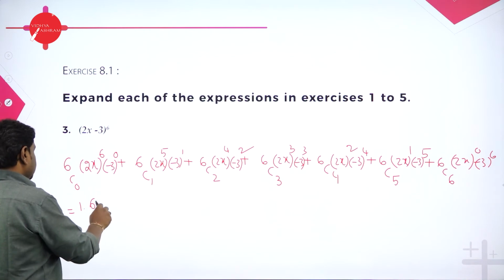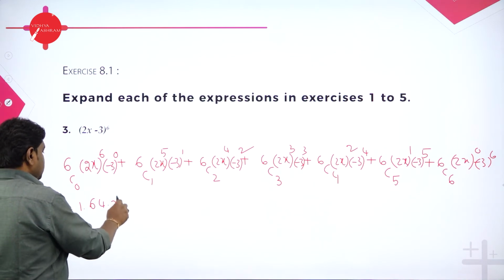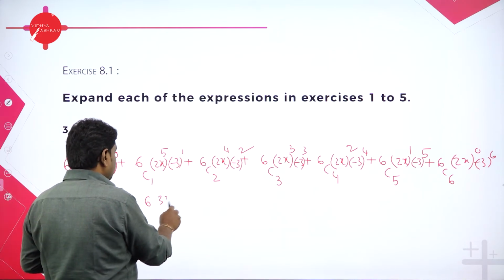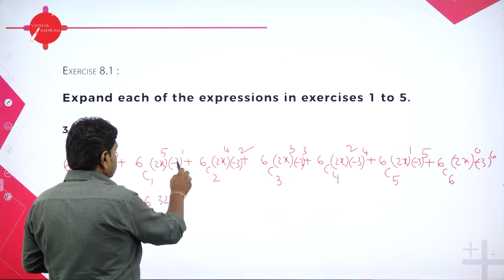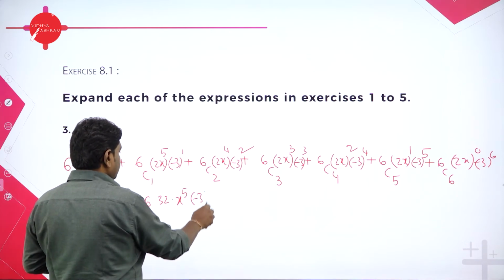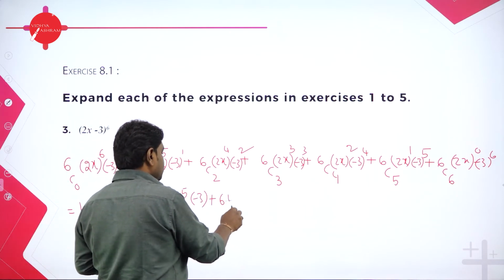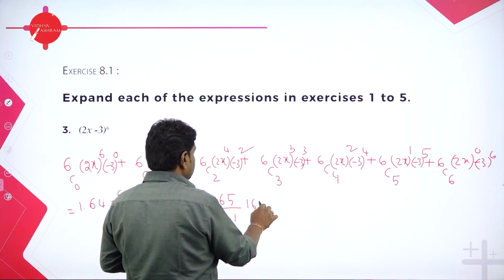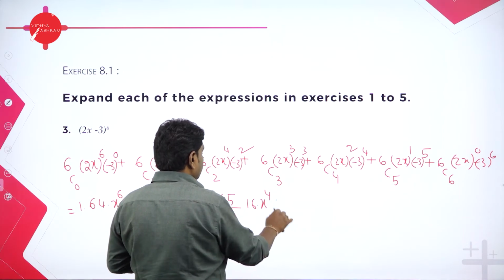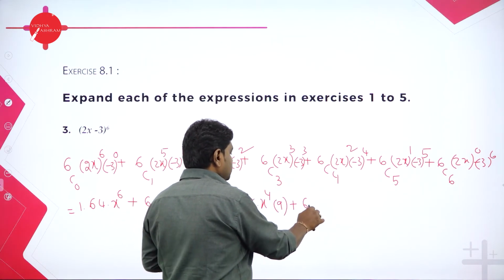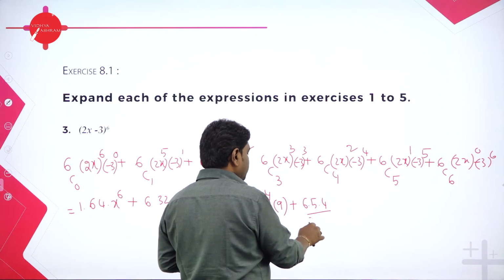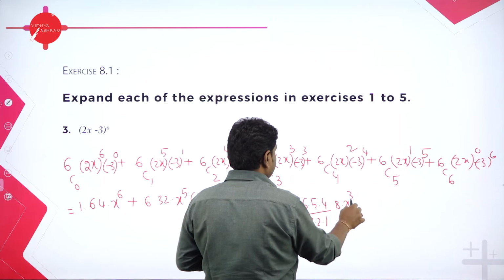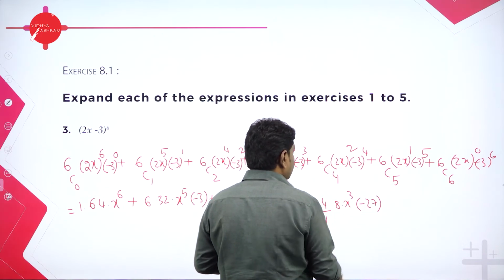So 2 power 6 is 64. x power 6, anything power 0 is 1, leave it. 6c1 is 6, and 2 power 5 is 32, and x power 5, and minus 3. 6c2 means 6 into 5 divided by 2 into 1, and 2 power 4 is 16, x power 4, minus 3 square becomes plus 9. 6c3 means 6 into 5 into 4 divided by 3 into 2 into 1, and 2 cube is 8, x cube as it is, minus 3 cube is minus 27.